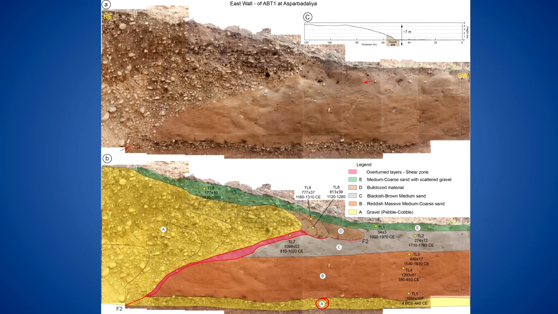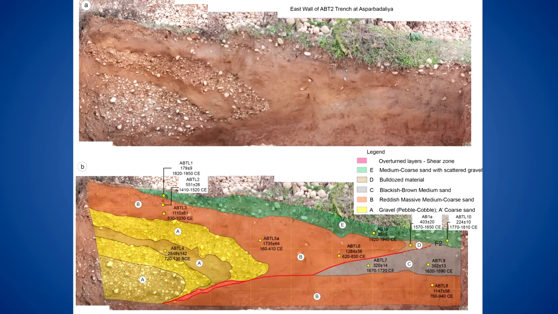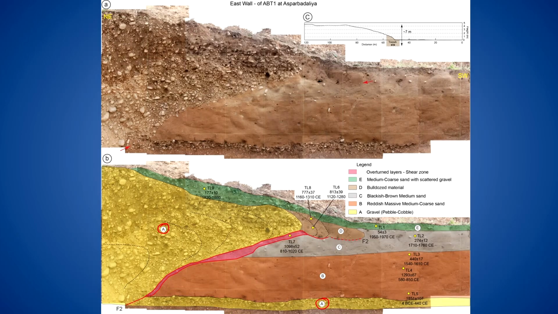Okay, so we were able to pick up this, and that helped us in knowing the maximum displacement, which was because of the multiple events. Accordingly we picked up charcoal samples, as well as sediment samples for OSL dating, from different units.